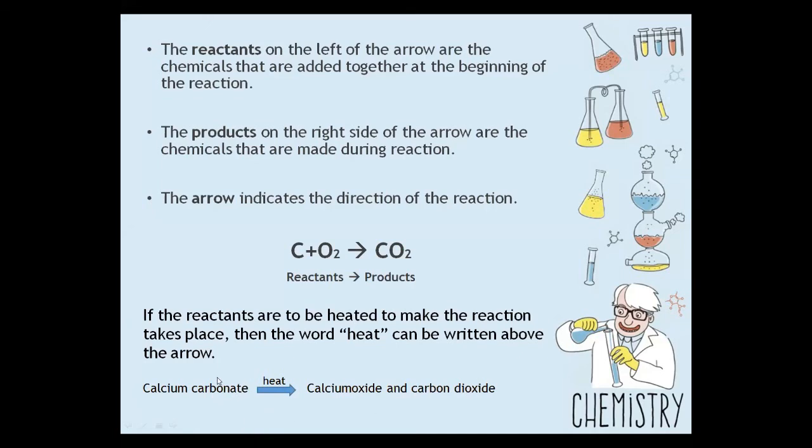It is a decomposition reaction in which a complex substance decomposes into two or more simpler substances. Calcium carbonate decomposes on heating into calcium oxide and carbon dioxide, and this type of reaction is also called endothermic reaction in which heat is required, and we will write the word heat above the arrow. Now we will move to the next slide.